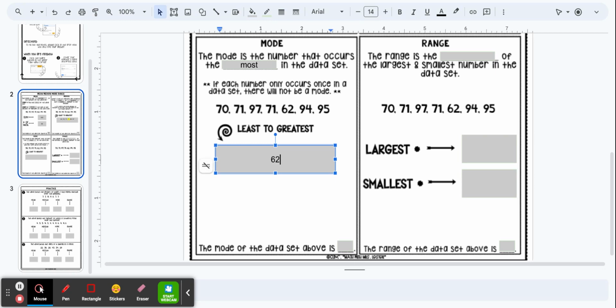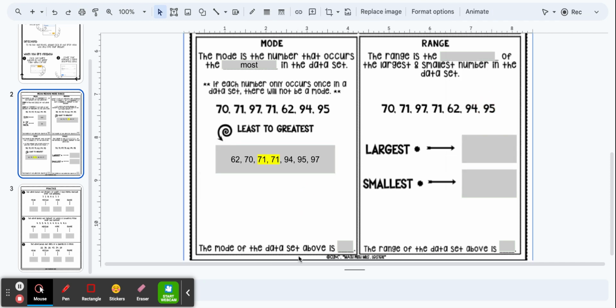So that's our first step, just like we did in median earlier. So we have 62, 70, 71, 71. Okay, so we already see a repeat there. 94, 95, and 97. 1, 2, 3, 4, 5, 6, 7. Once we have them in order, we can tell that the only number that repeats is 71.